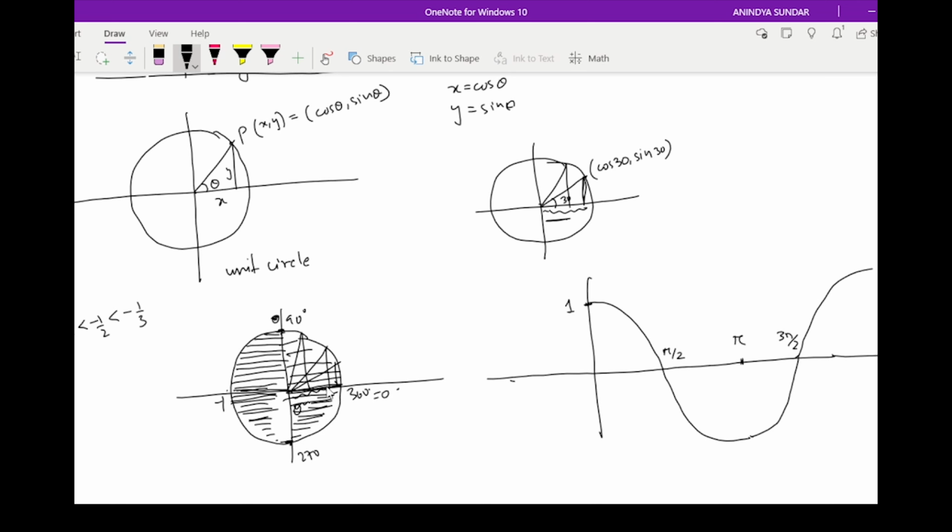Since it is moving upward, it is an increasing function in this fourth quadrant.